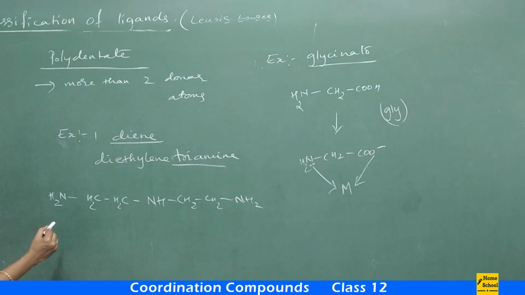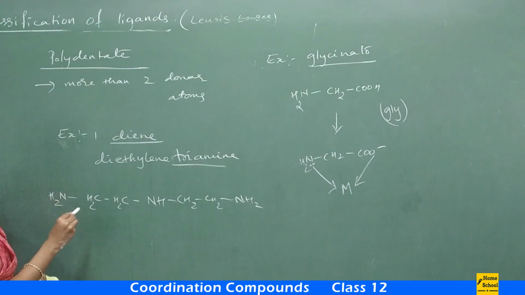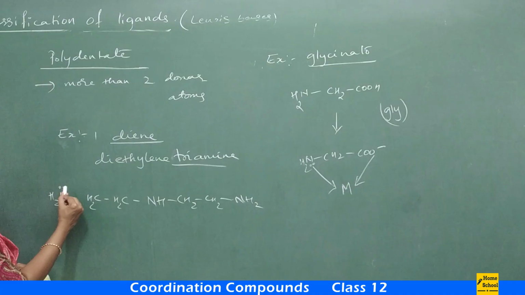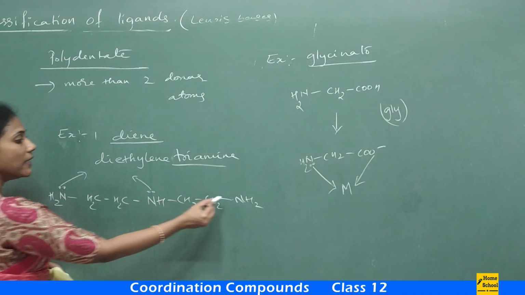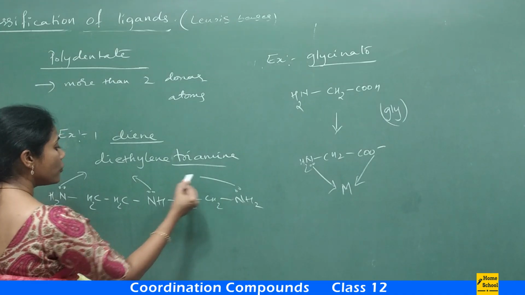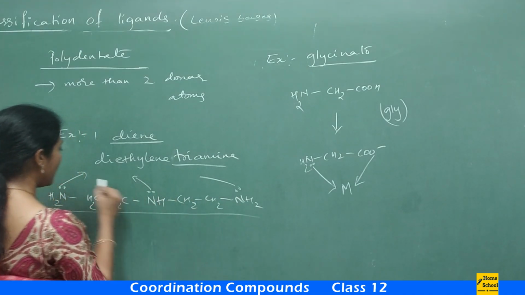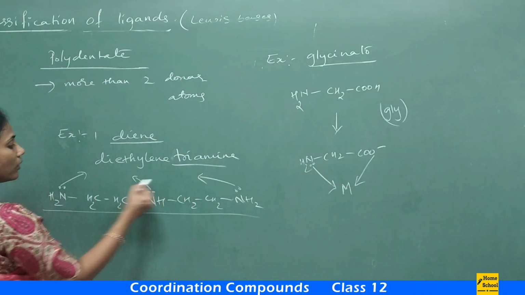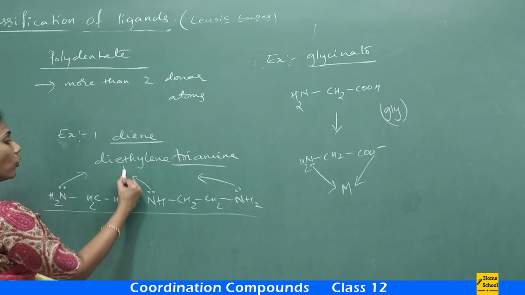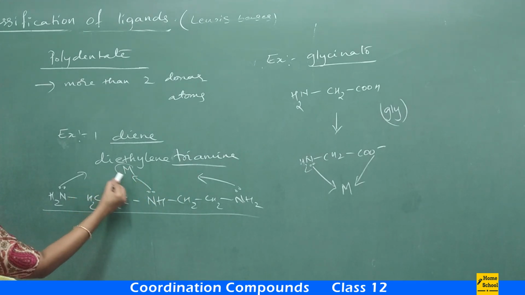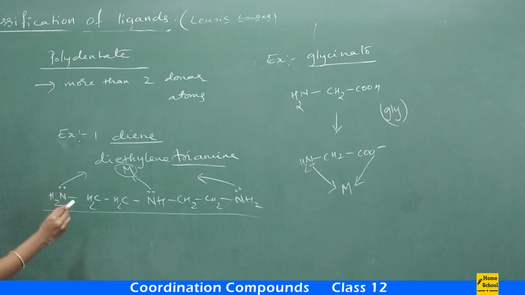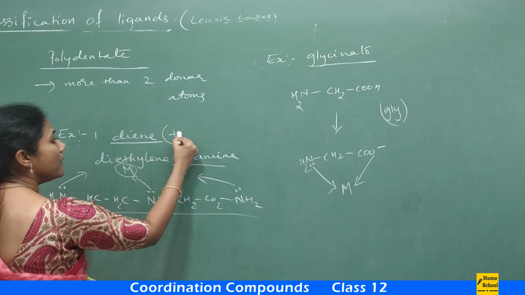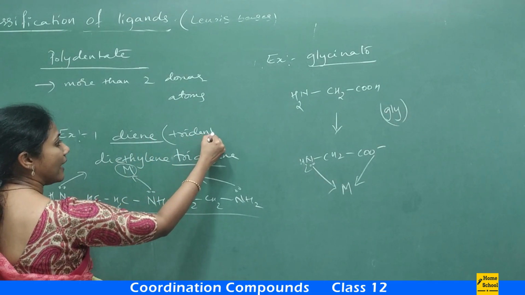If you make out the donor atoms, here 1 nitrogen is 1 donor atom, the central nitrogen is another donor atom, and this last nitrogen is another. So from each ligand itself you have 3 donor atoms, so 3 coordinate bonds can be formed with 1 ligand. So this is an example of a tridentate ligand.